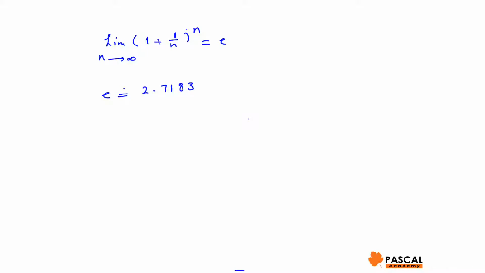To see the value of e, we can use a table of values and see that when n is getting bigger, it's getting closer to 2.71.